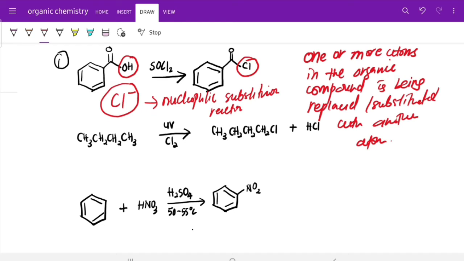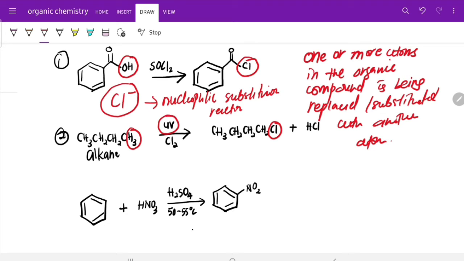In the second example, this is an alkane because it only consists of carbon and hydrogen. In the presence of UV light and chlorine gas, one of the hydrogens on the first carbon is being replaced with a chlorine.